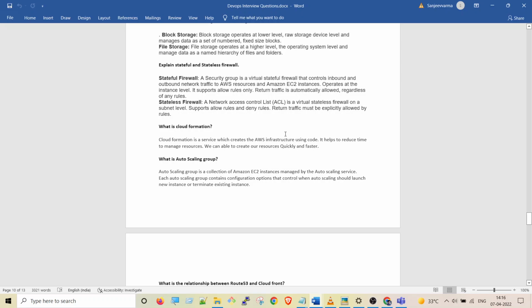That is known as stateful. And for those where we need to explicitly add inbound and outbound rules, that is stateless. NACL is stateless. Yeah. Network security group is stateful.